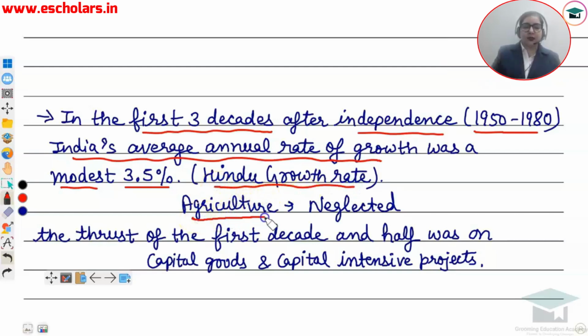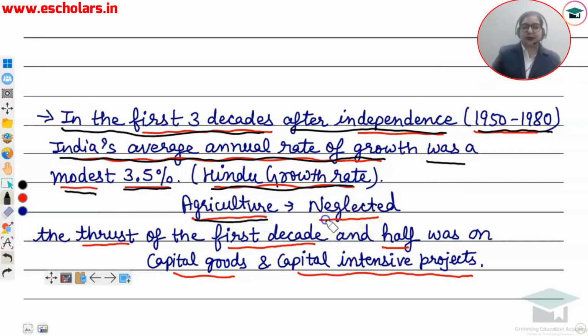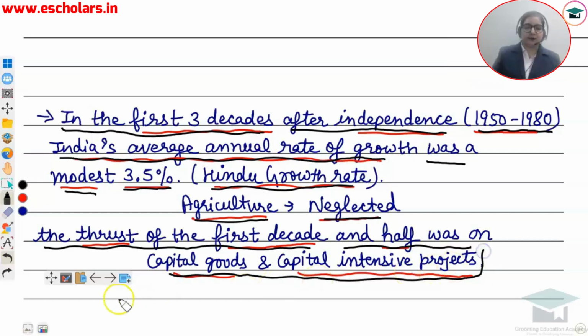Agriculture was neglected during these 3 decades, and the thrust or focus of the first decade and a half was on capital goods and capital intensive projects. So let's recall it till now. In the first 3 decades after independence, that is 1950 to 1980, India's average annual rate of growth was a modest 3.5%. That is Hindu growth rate. Agriculture was neglected. The thrust of the first decade and a half was on capital goods and capital intensive projects.